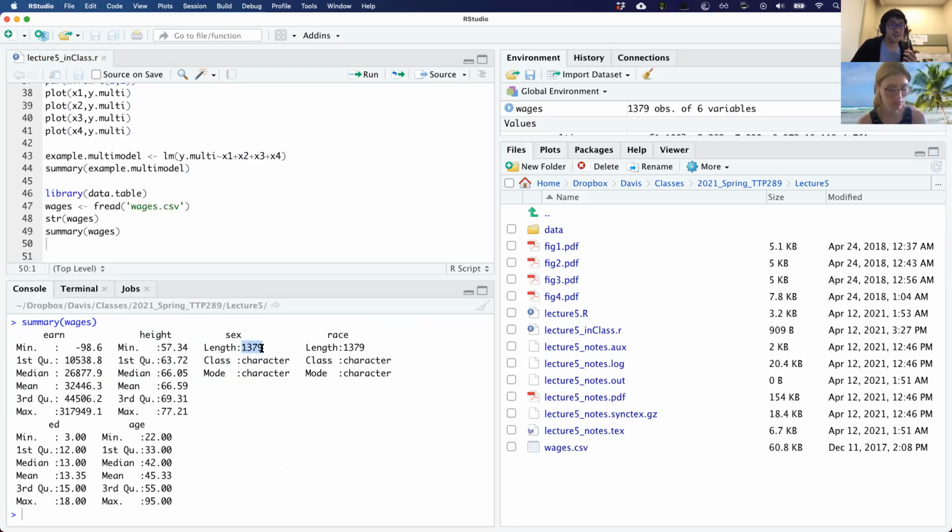We have sex, which is gender. This is another example of one that you could categorize as a dummy variable.